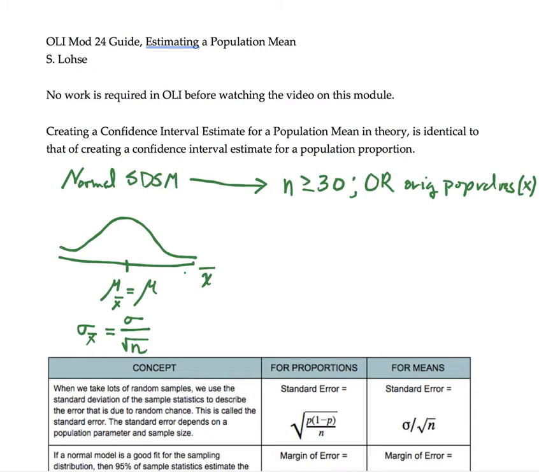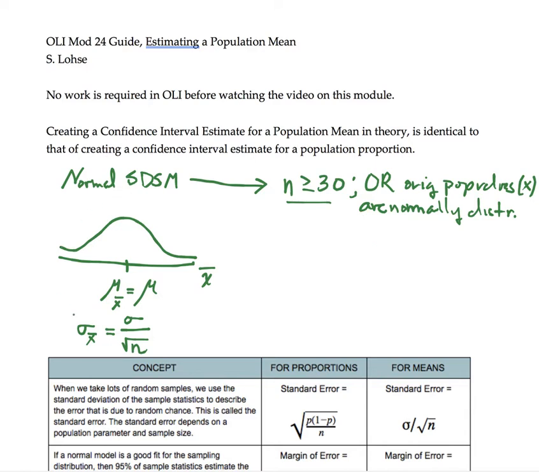This distribution is about X bar values. It's about sample means. But we'll have a normal distribution if the original population values are normally distributed. Or, of course, if our sample size is greater than or equal to 30.